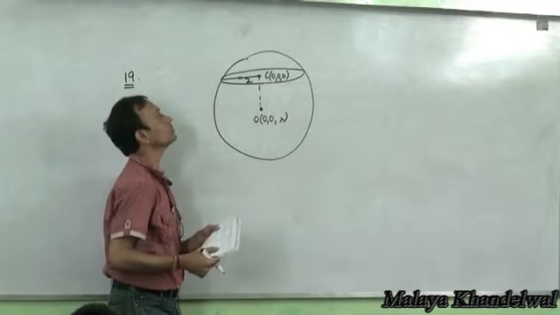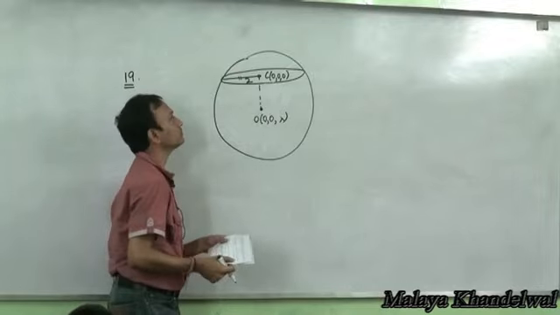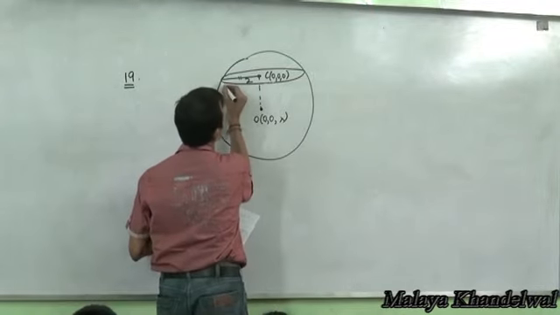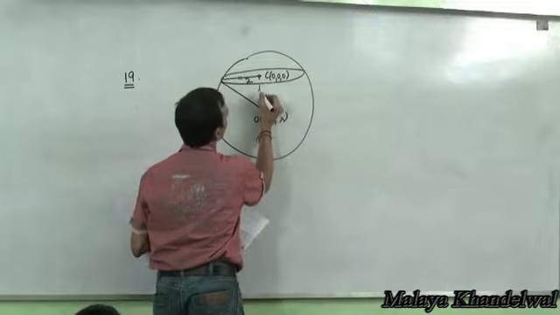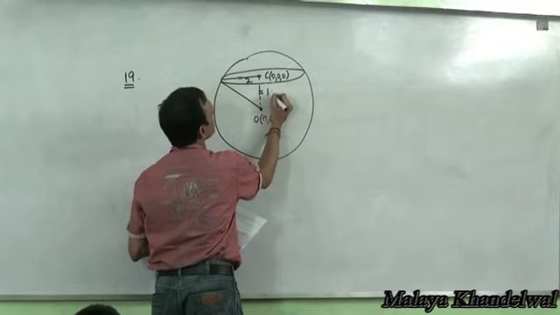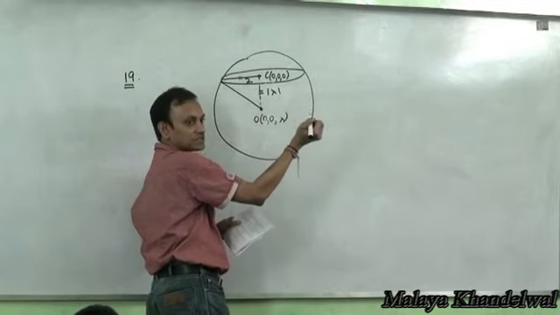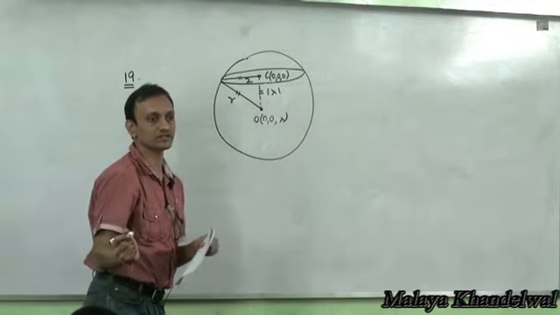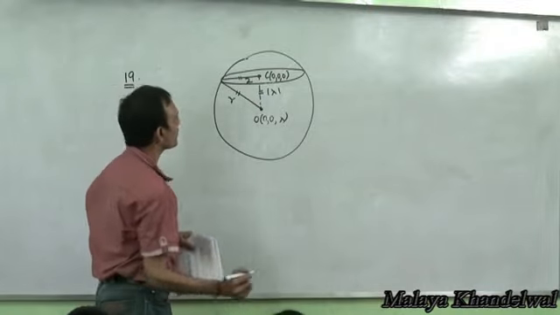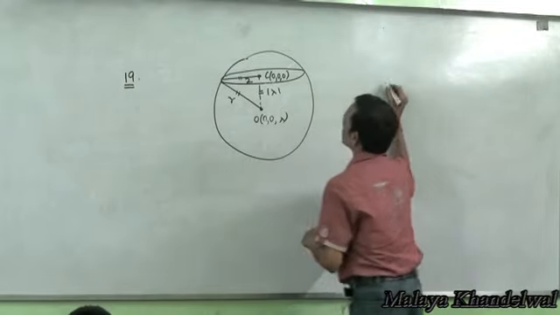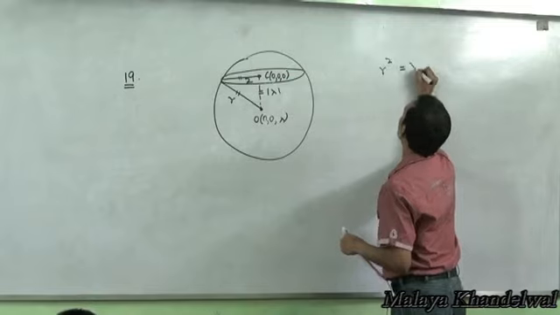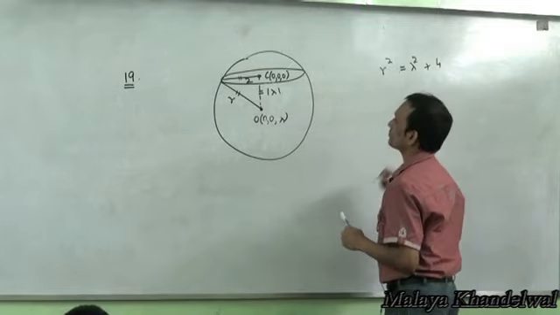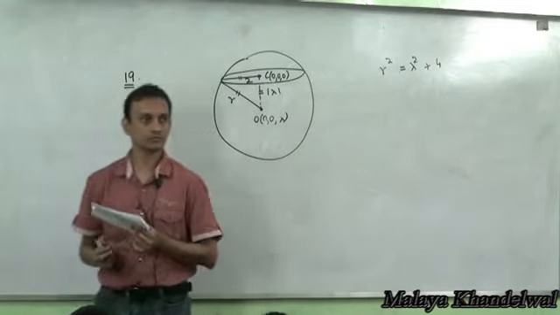Radius of this is 2, isn't it? This distance is magnitude of lambda, and the radius of the sphere is r. So evidently, r squared equals lambda squared plus 4, by Pythagoras theorem.